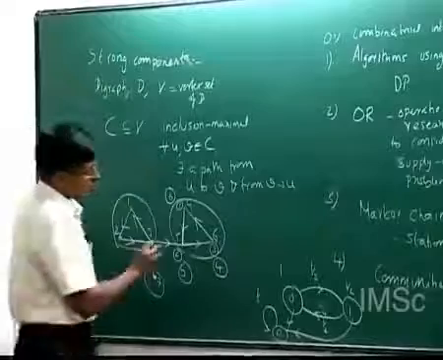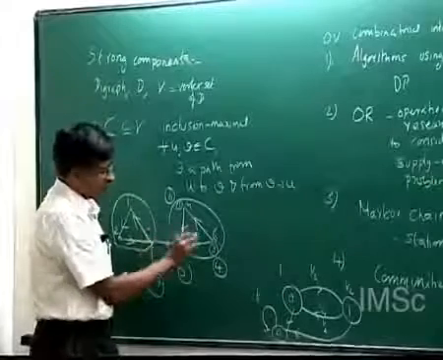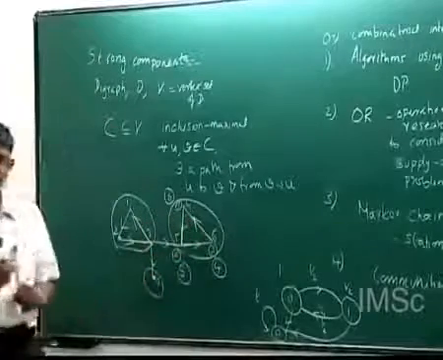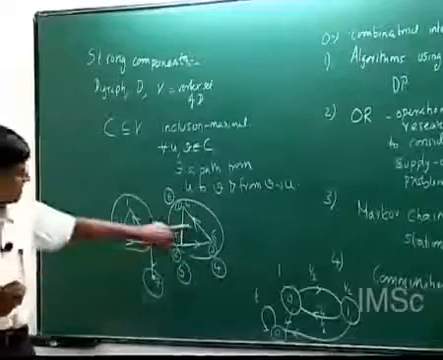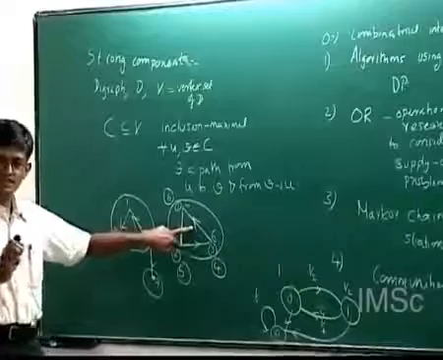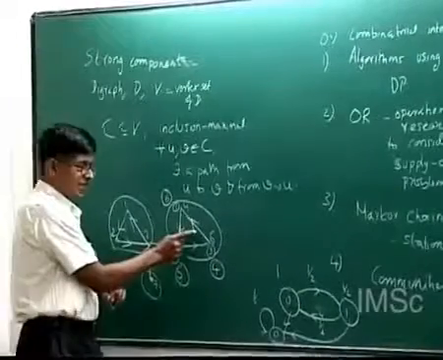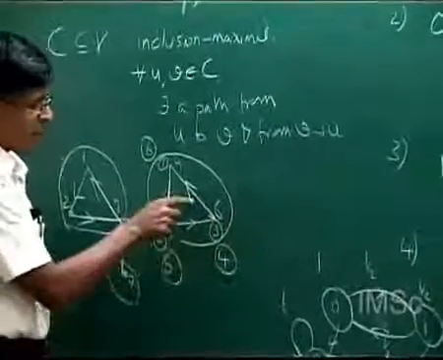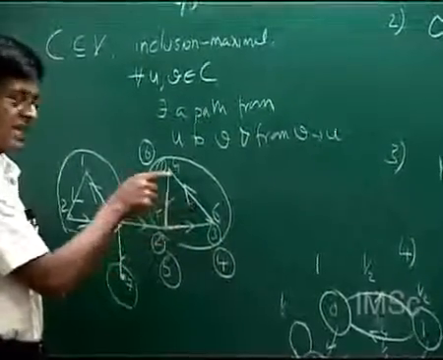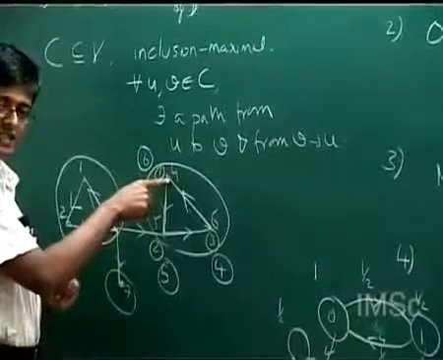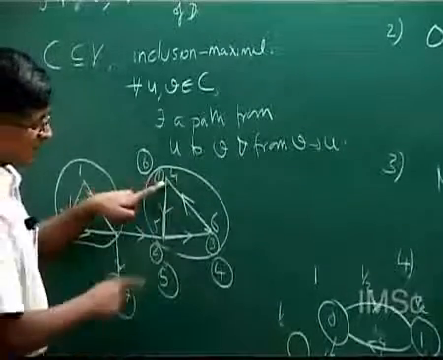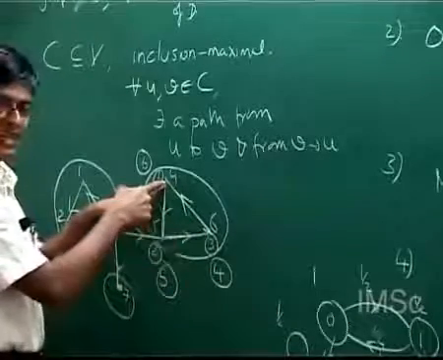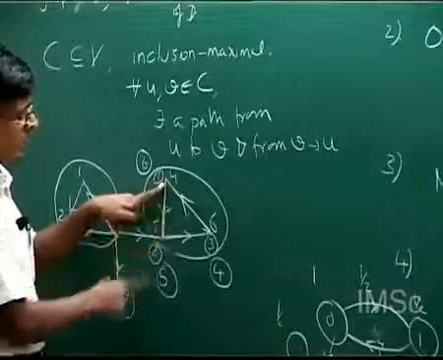There is also one other piece of information where this edge would have been classified as a grey colored edge because this encodes a cycle. So when do you say something encodes a cycle? If you are at a particular vertex and you encounter an edge, and that edge takes you to a grey color vertex, observe that if something is grey, it is very easy to see that this is a descendant of this vertex.